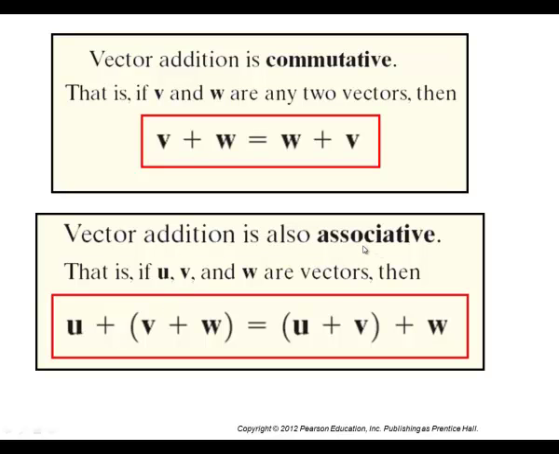Vector addition is also associative, where in parentheses we would add v plus w first and then add vector u, or you can add u plus vector v first and then vector w, and again you get the same result either way.